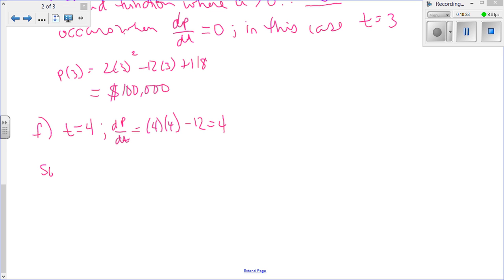So the profit increases at $4,000 per year after 4 years.